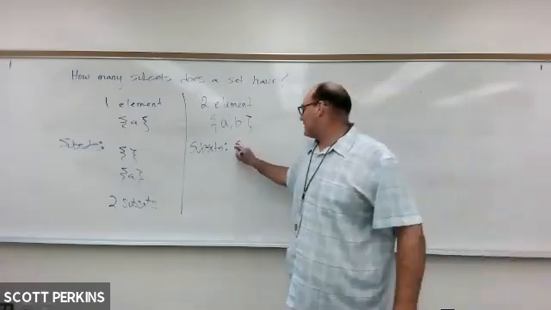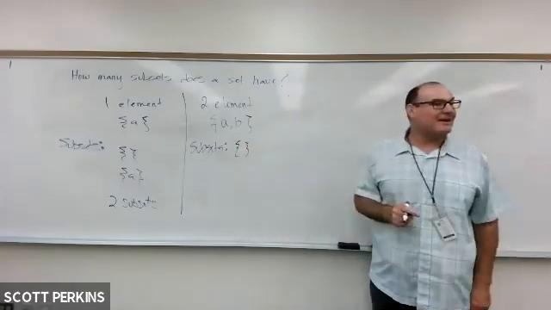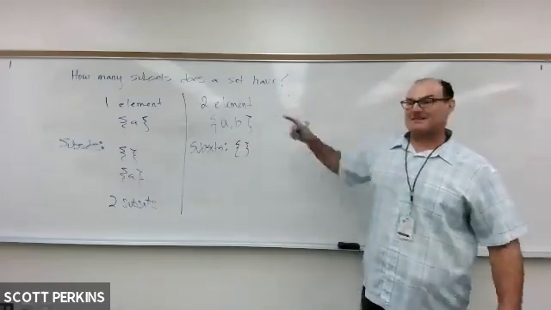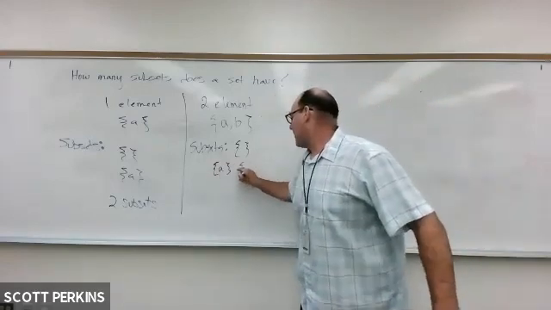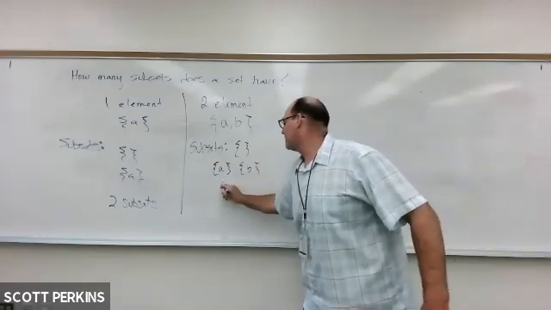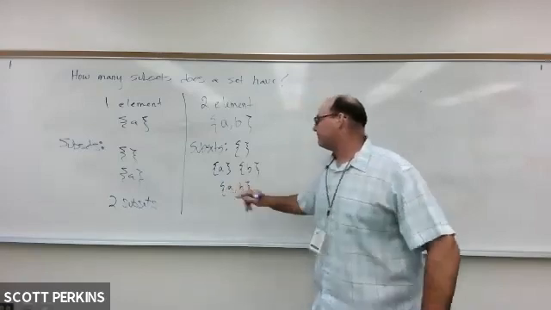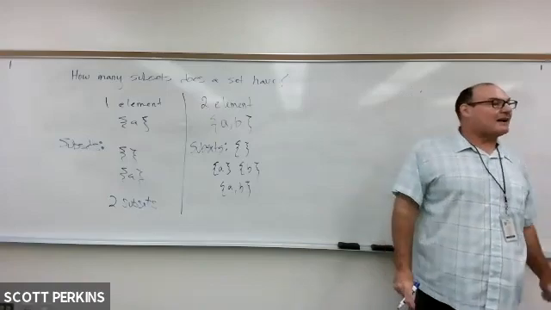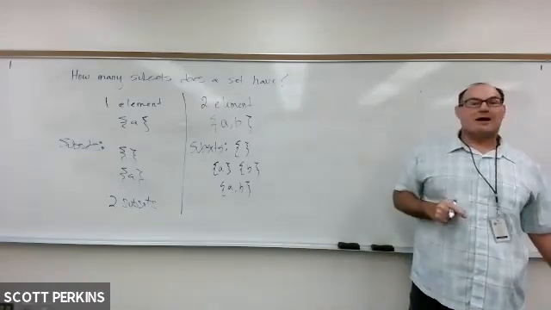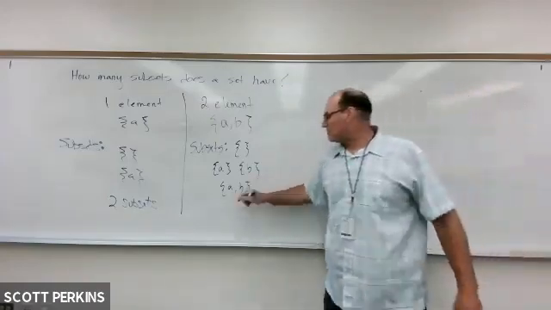Empty set, yes. Good to get that one out first. I love it. What else is a subset of this set right here? A. What else? And then there's one more. AB. How many subsets is that of the set with 2 elements? 1, 2, 3, 4.